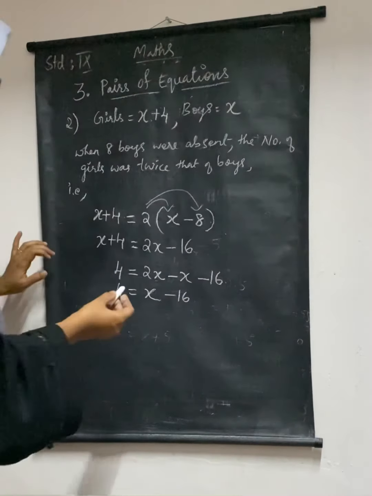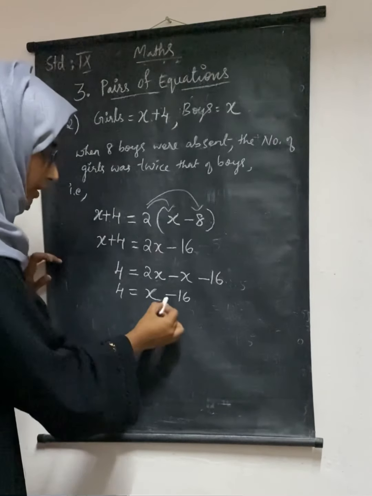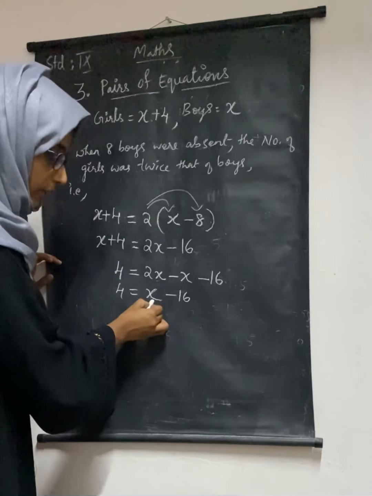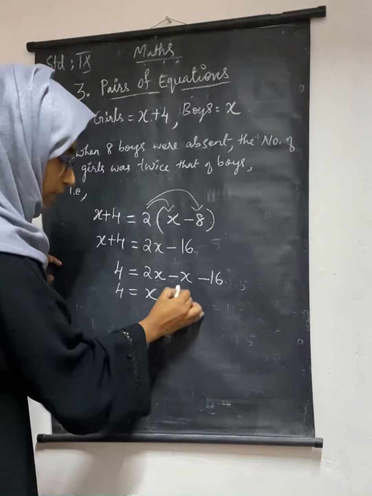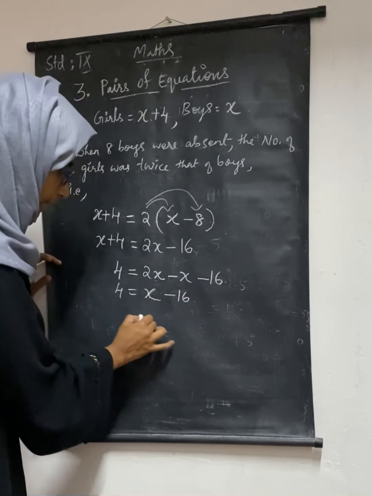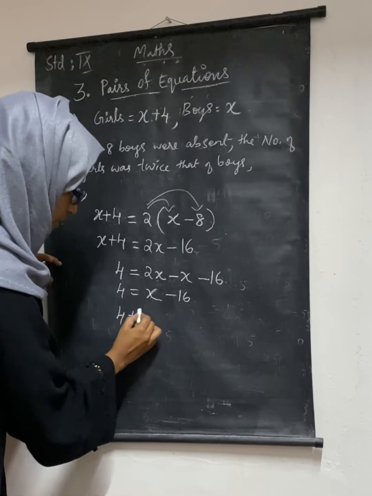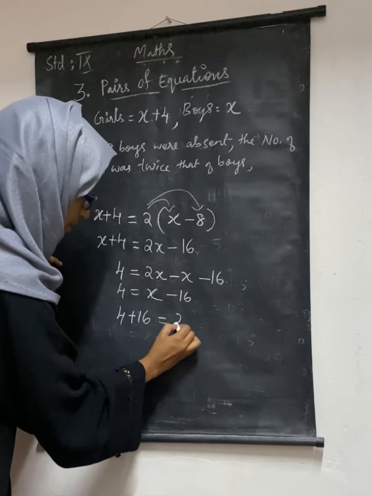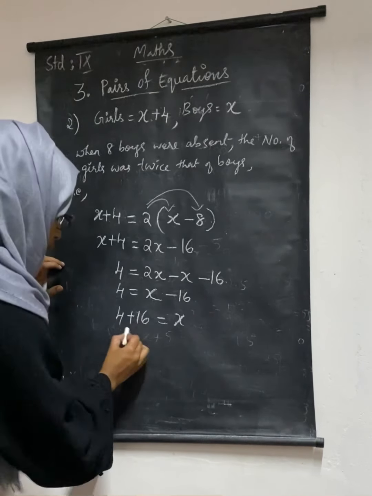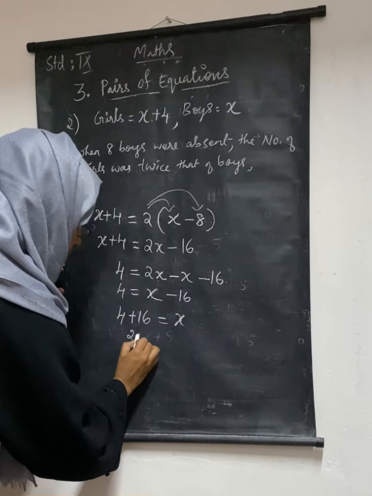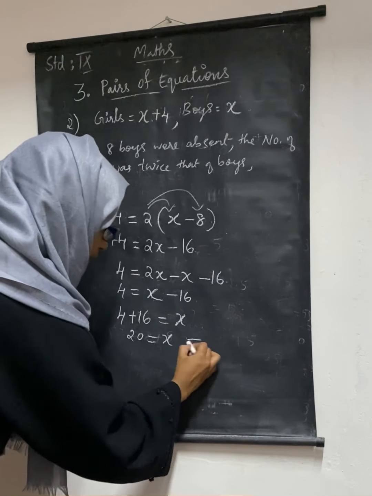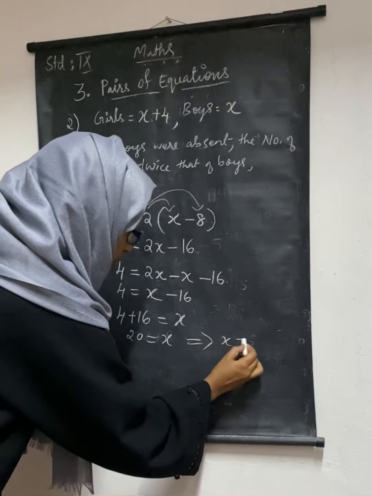I want to find the x value, so this minus 16 I am bringing to the other side, so negative 16 will be positive 16. Now 4 plus 16 is 20. 20 is equal to x, or I can rewrite it as x is equal to 20.